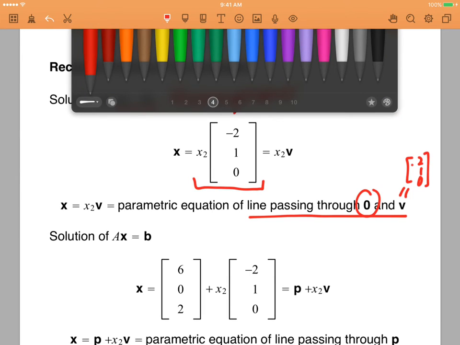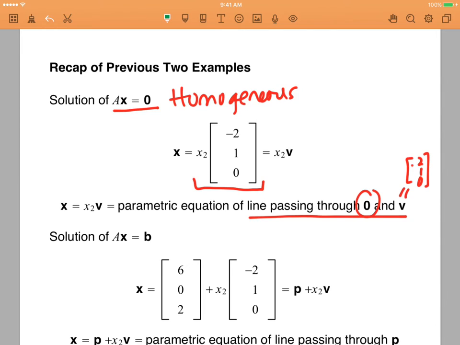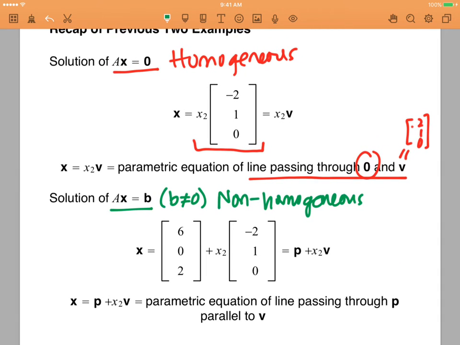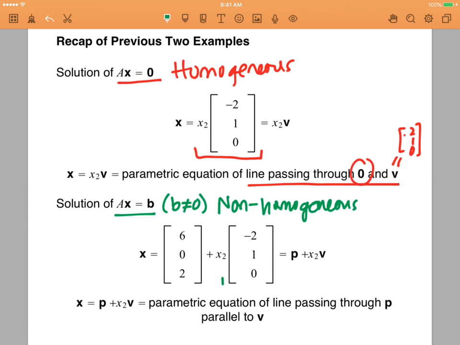And then, in contrast, Ax equals b, if b is not equal to 0, it's called non-homogeneous. And then you will have this, the homogeneous part, and then the non-homogeneous part of the solution set.